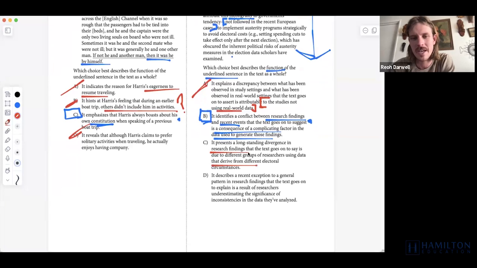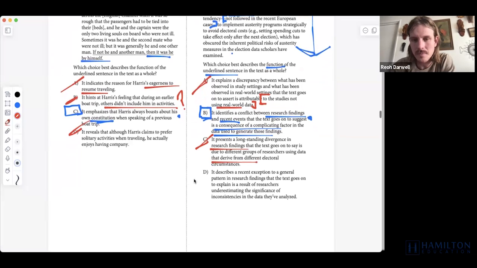This one is all kind of like mumbo jumbo, if you will. Like it just isn't supported in the text whatsoever. And then finally, everything up to here is relatively acceptable in this answer choice. All right.